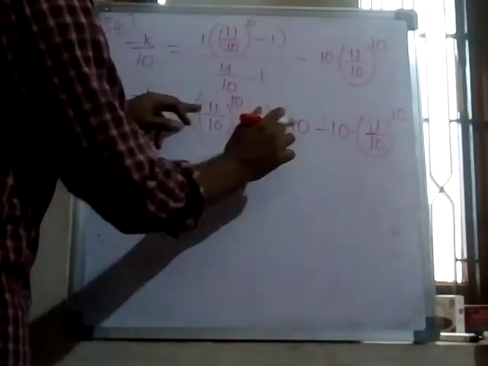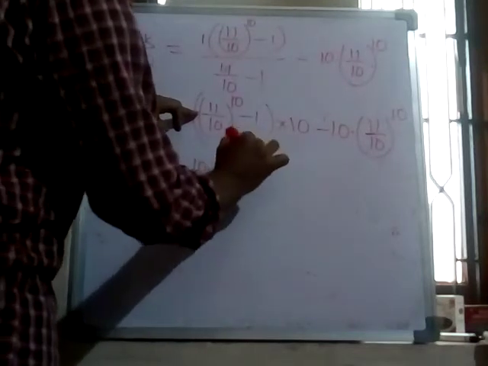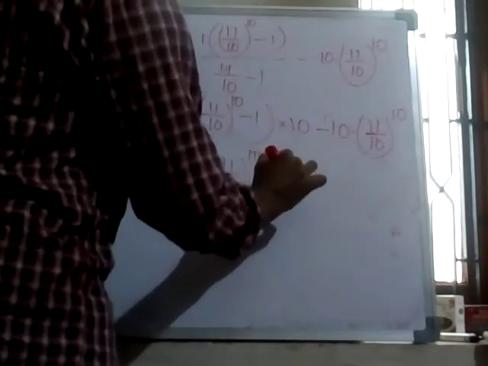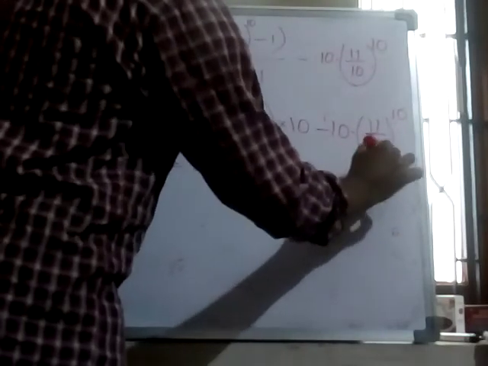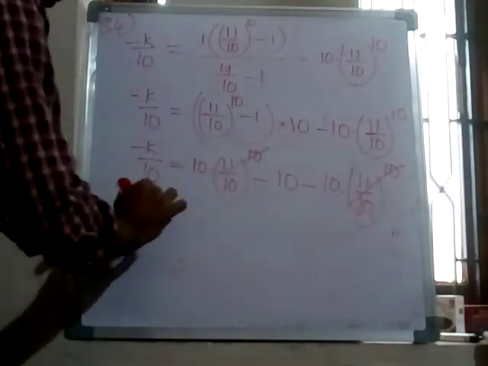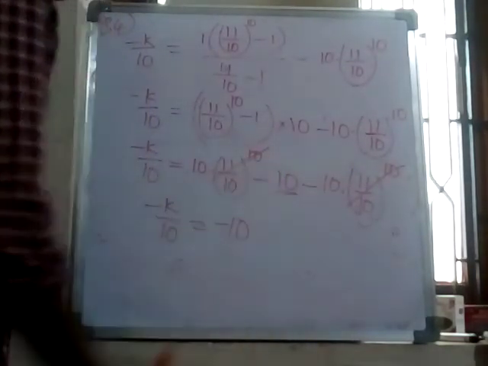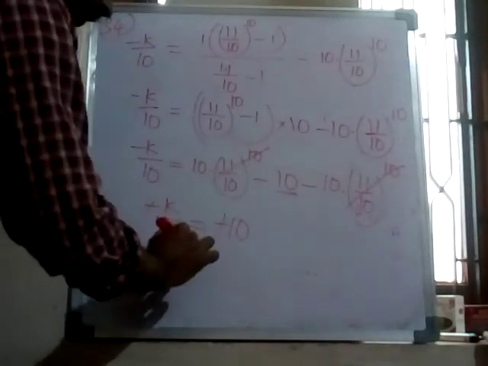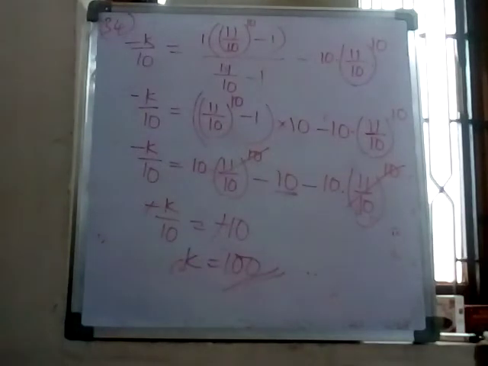So multiply with 10: 10 times of (11 by 10) whole to the power of 10, minus 10 into 1, 10, minus 10 into (11 by 10) whole to the power of 10. This is a positive term, this is negative, both are cancelled. So minus k by 10 is equal to minus 10, this much only left. Minus minus cancel, k is equal to 100. So what is the k value? K value is 100. Okay.